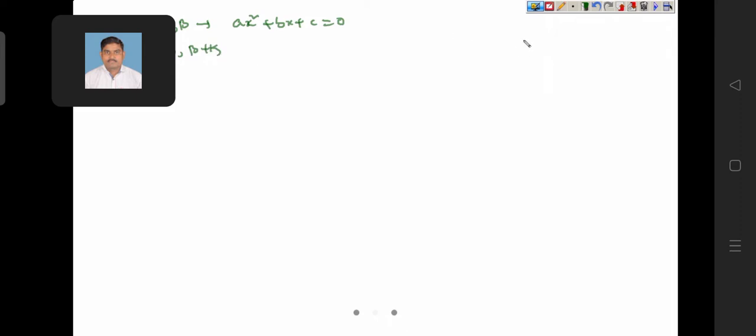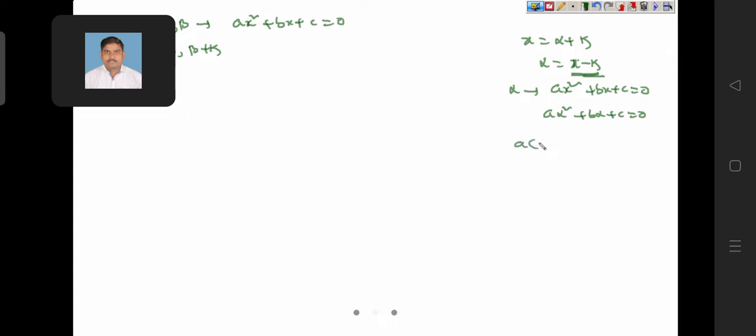What I said, I will assume that x is equal to alpha plus k. Then alpha is equal to x minus k. Already I told you alpha is the root of ax square plus bx plus c is equal to 0. That means a alpha square plus b alpha plus c is equal to 0. But what is the alpha value we got? x minus k.